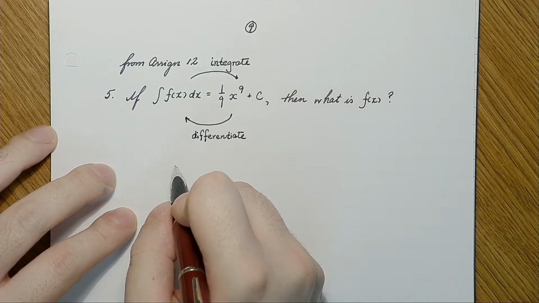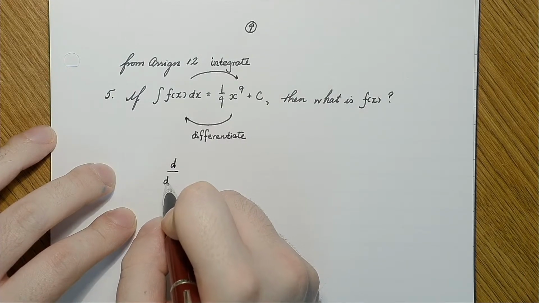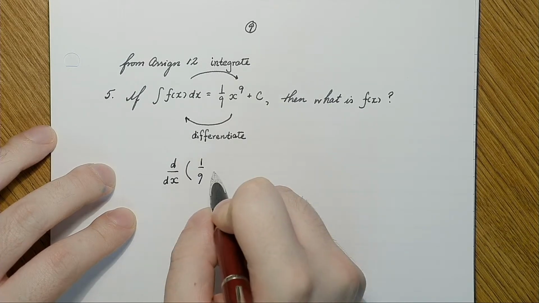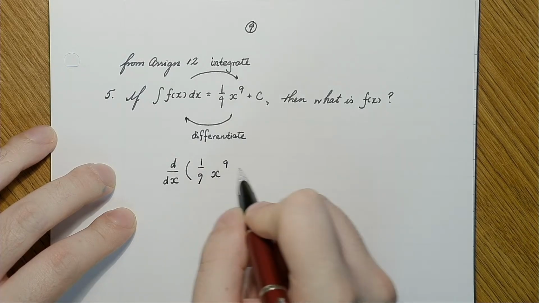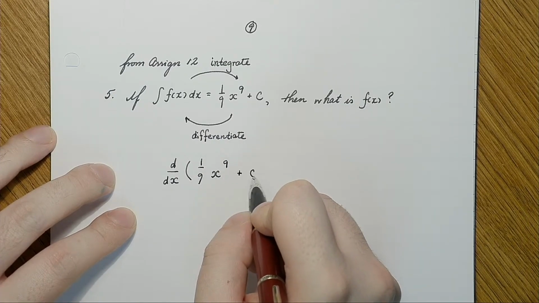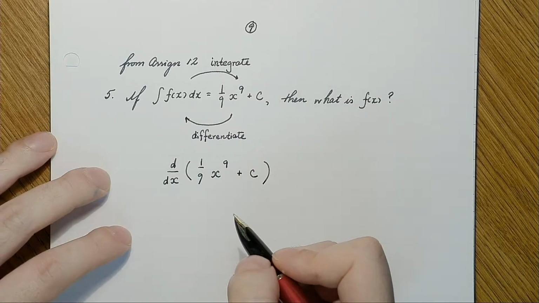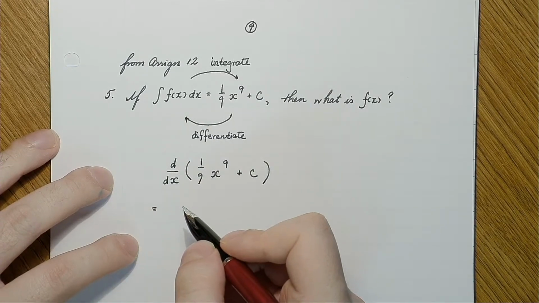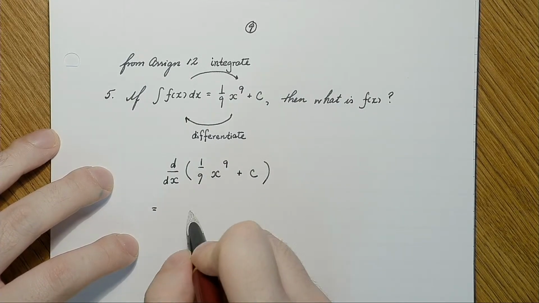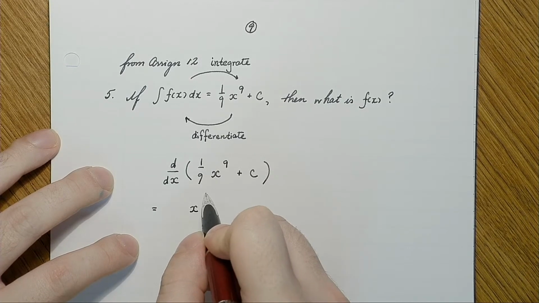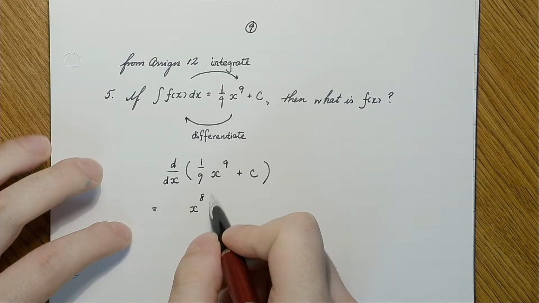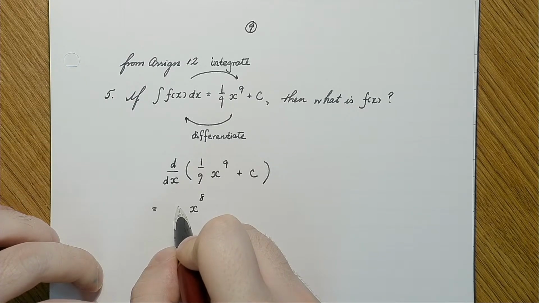So taking that derivative, I'll even include the c, which is the constant. If I differentiate that, this drops down by a degree, so I get not 9 anymore, but 8. And the 9 comes down in front.